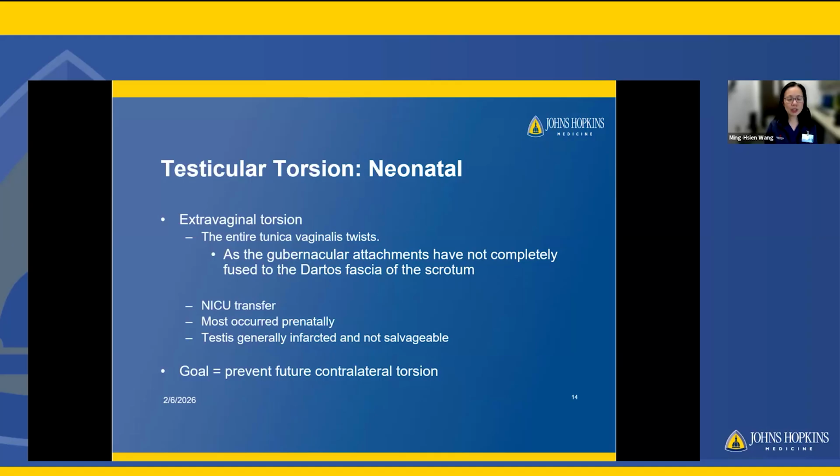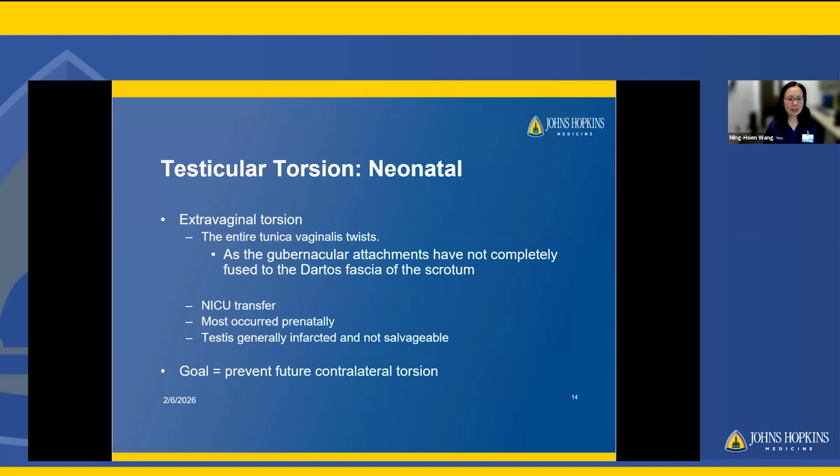And the goal is really to preserve that contralateral testicle, to make sure that other testicle is doing okay. And it depends on where you were trained. I was trained at UCSF in San Francisco.